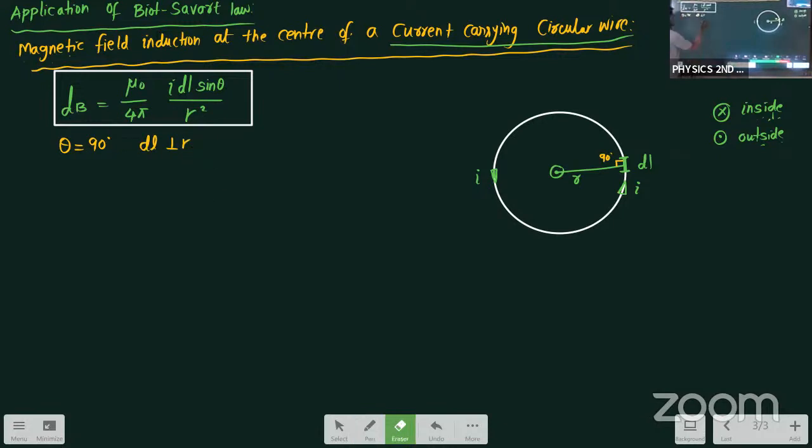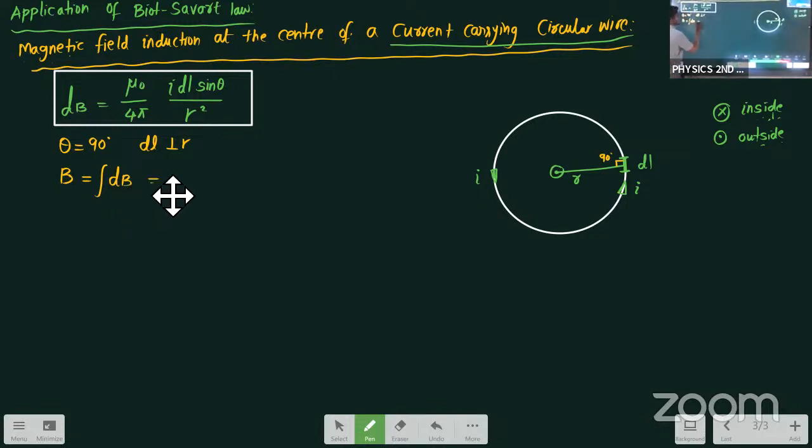So let us determine the total magnetic field. It is given as B is equal to the integral of dB. This dB is a small amount of magnetic field. In order to get the total magnetic field, I am supposed to integrate it.